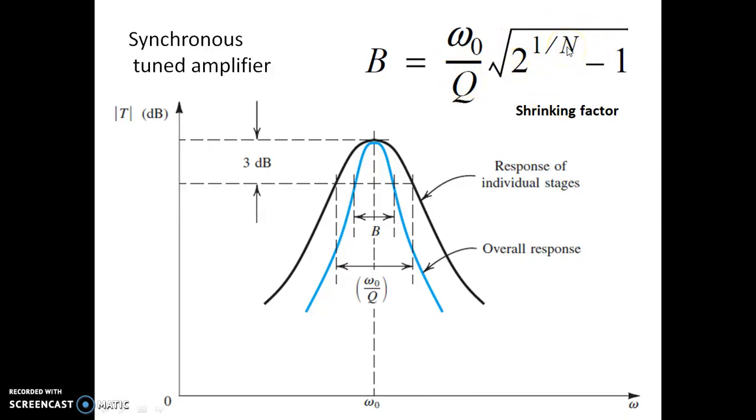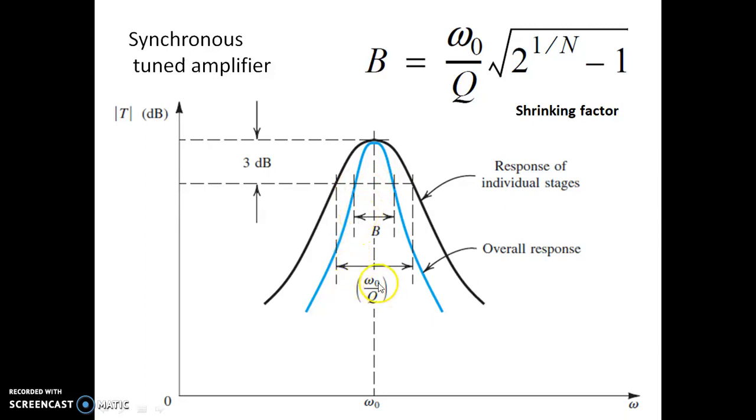Suppose n is equal to 1, where you have a single tuned circuit, then this bandwidth is omega naught by Q only. Suppose the value of n increases beyond 1, then this factor starts reducing to less than 1. In such a case, we are going to have this bandwidth. You can see here, the black one has got larger bandwidth, and the blue one has got a reduced bandwidth.